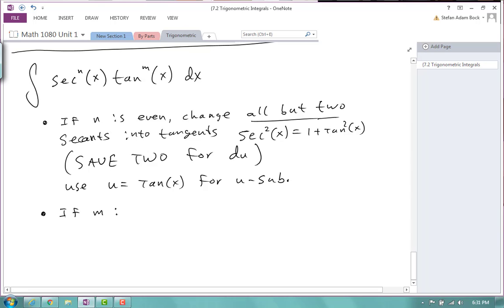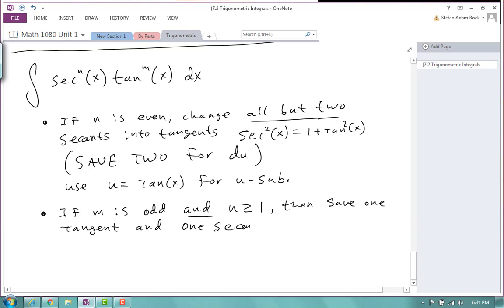If m is odd and n is greater than or equal to 1, then save 1 tangent and 1 secant, and change all of the others into secants.